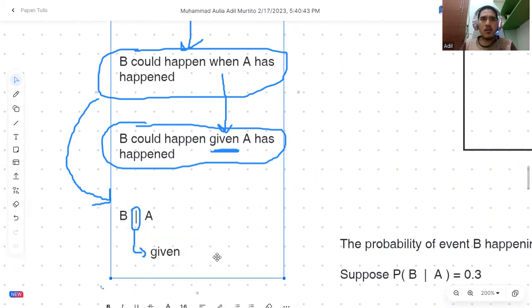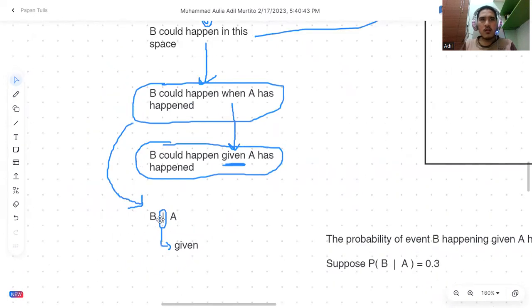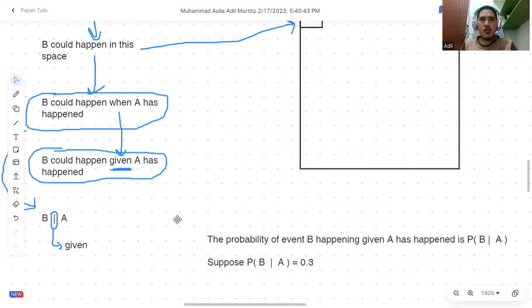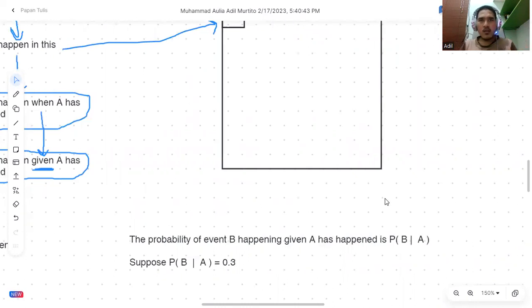So this notation means that B could happen given A has happened. That's what it means. So if we want to make some calculation about it, we can make a sentence like this, okay?